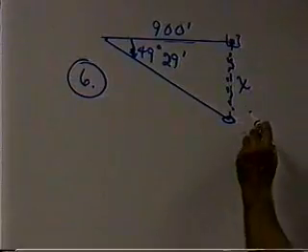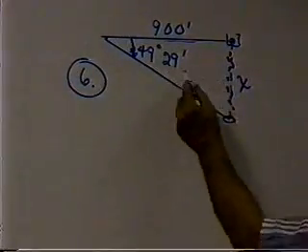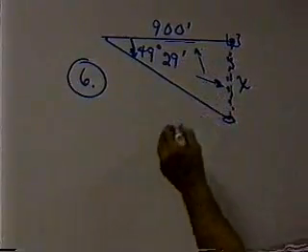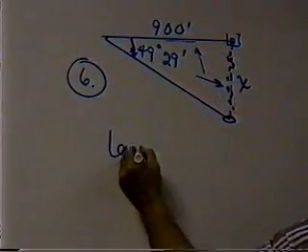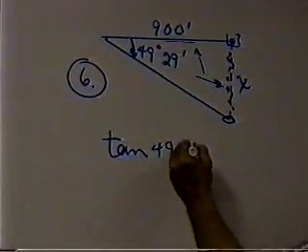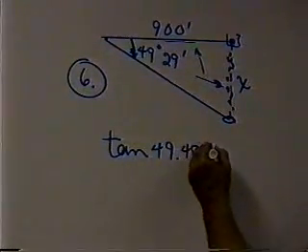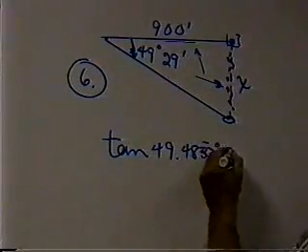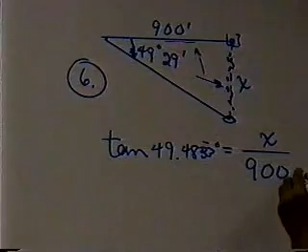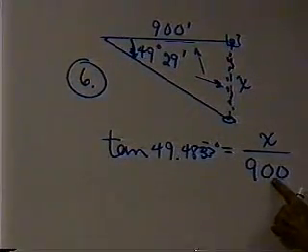Well, let's see. This is side opposite, side adjacent. So that's tangent. So we'll do the tangent of 49.4833 degrees is equal to the side opposite over side adjacent.